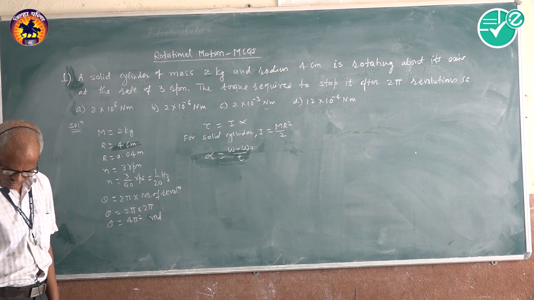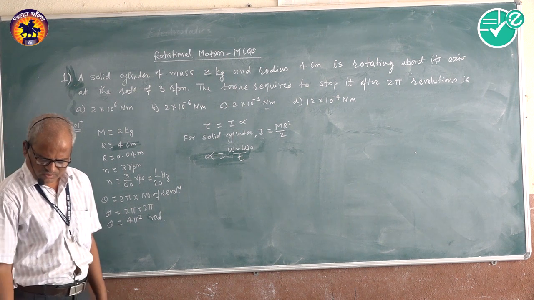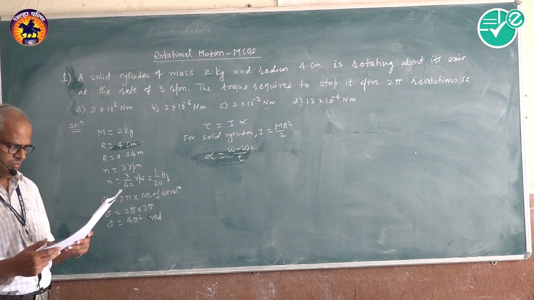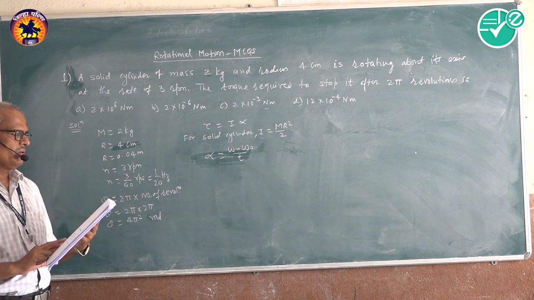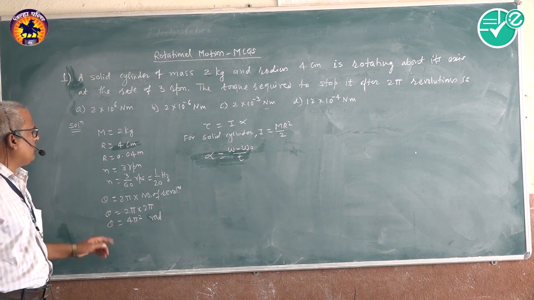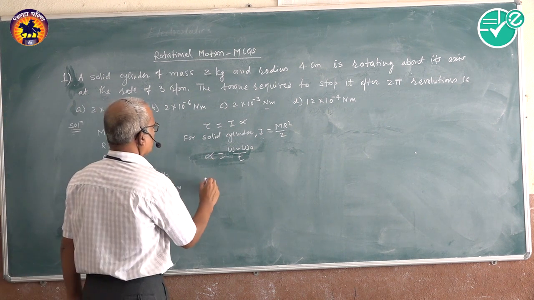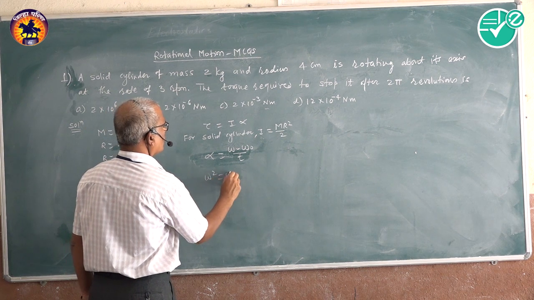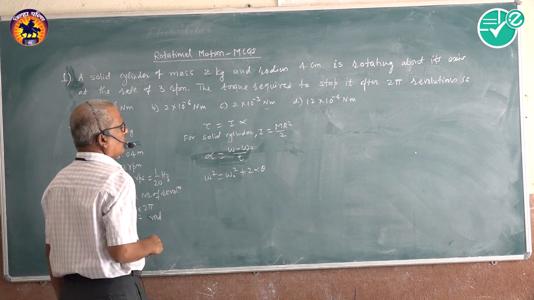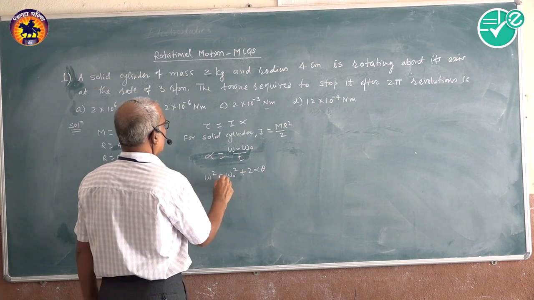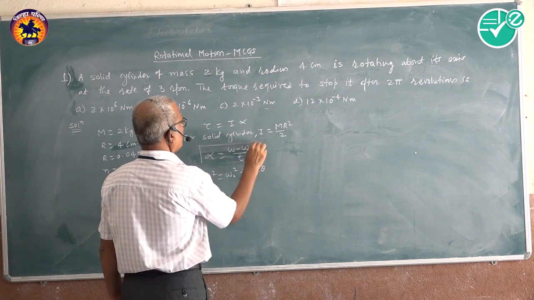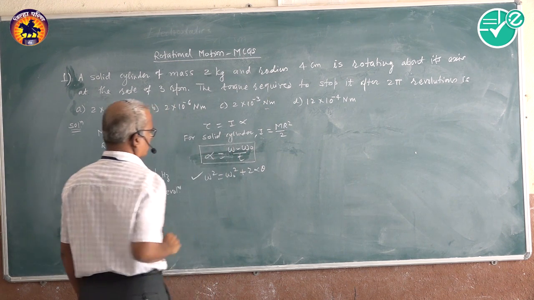But time is not given, so instead of this we use the formula omega square is equal to omega 0 square plus 2 alpha theta. Time is required in the other formula, time is not given, so we don't use that.